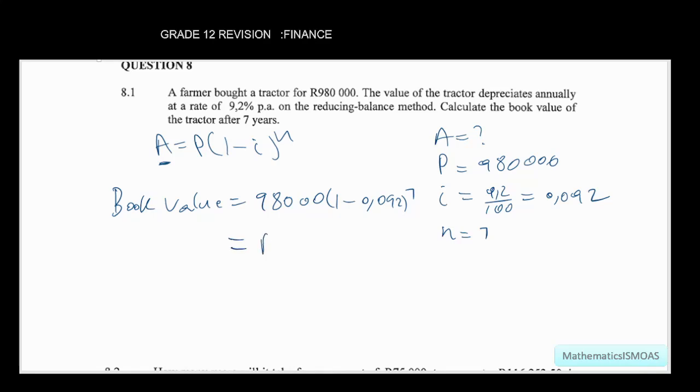And then this gives us 498,685.82. 498,685 rand and 82 cents. That will be the book value of the tractor after 7 years.